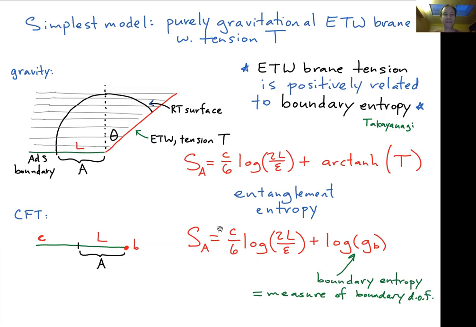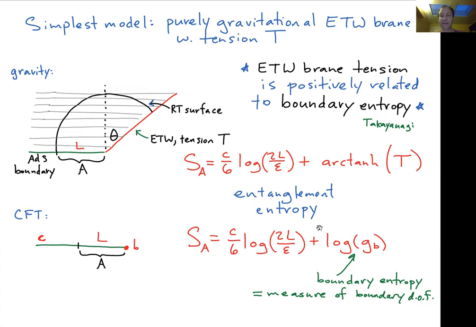One place that this shows up is that if you calculate the entanglement entropy in the vacuum state of an interval of length L, then the answer universally in CFTs is equal to something that looks like the bulk answer. So it's c/6 times log of twice this distance.